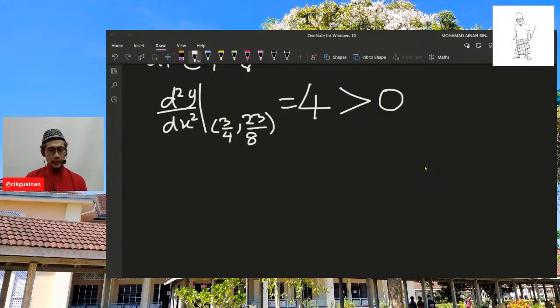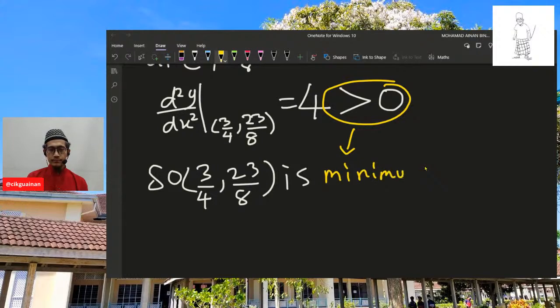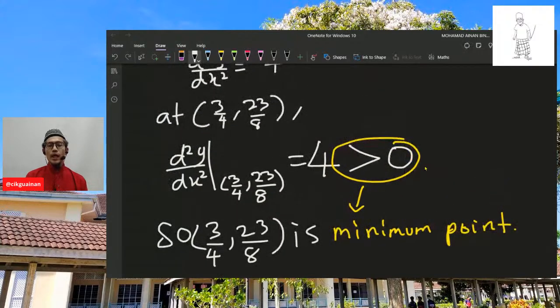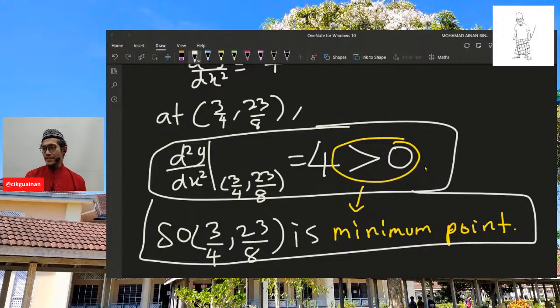Okay, this one is greater than 0. Greater than 0 means what? At 3 over 4, with value 23 over 8, if the second derivative is greater than 0, then it's a minimum. Please do this exactly like this and write this sentence exactly like this.